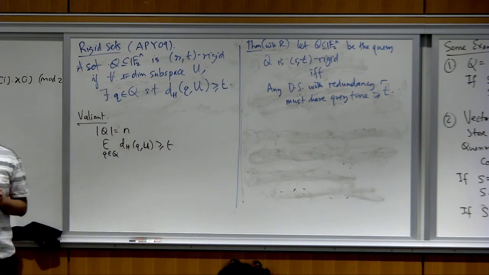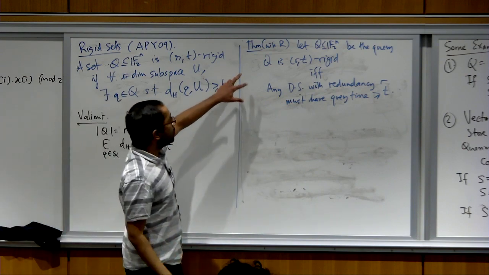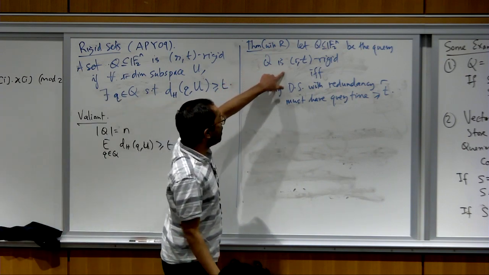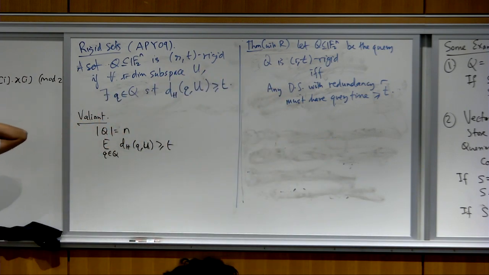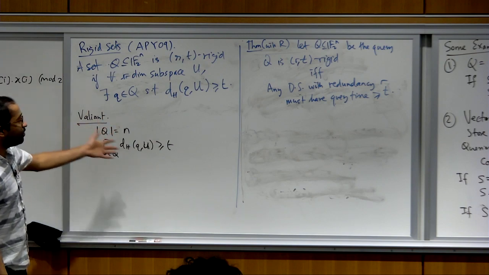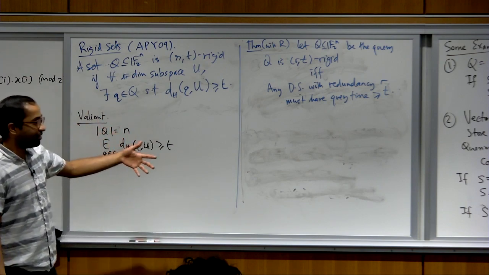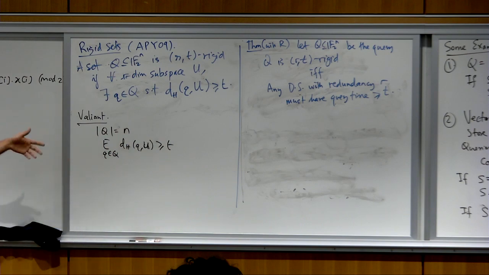One way is what I showed: if it is not (r, t) rigid, then you get efficient data structures, but you can also go the other way. The proof is not hard. It's essentially the same thing defined with different words.